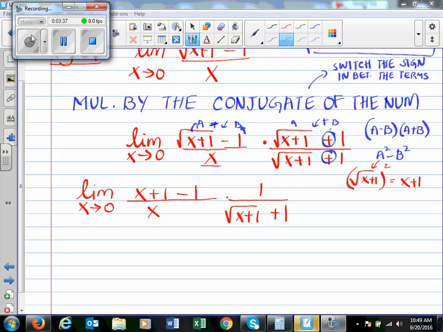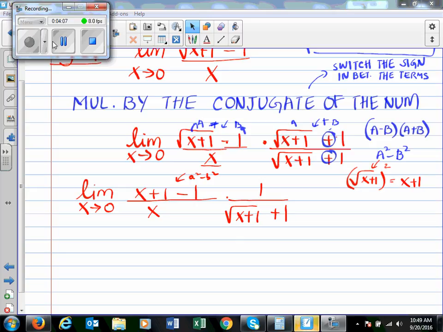Please note that in the numerator, we have applied the special product, a squared minus b squared, to these two together. The a minus b times a plus b is what that is. And then the denominator remains the same: x, and here you still have the square root of x plus 1 plus 1. Does that make sense?